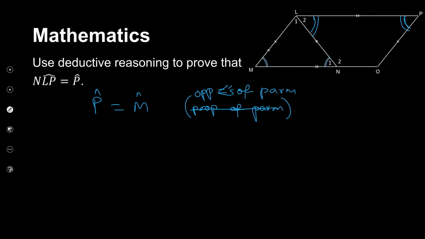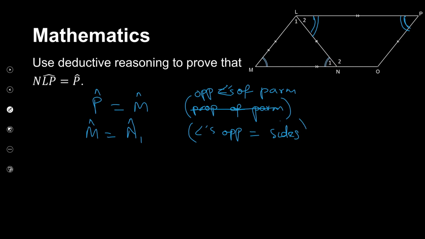But now I also know that the angle M is equals to angle N1, and this is because it's angles opposite equal sides.